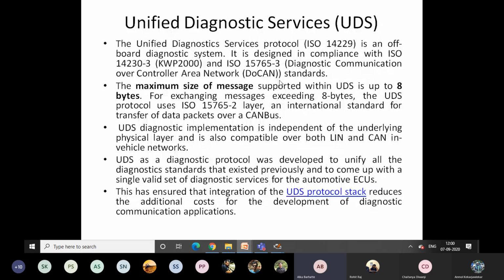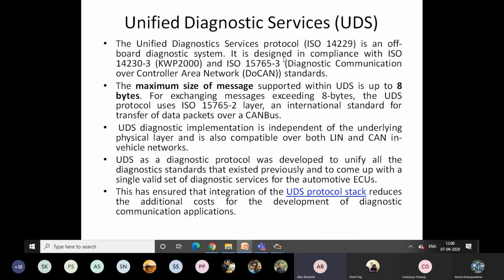Now, Unified Diagnostic Services. These are the protocols which are compliant with ISO 14229. Okay, this particular standard is also called UDS, which represents your off-board diagnostic system.